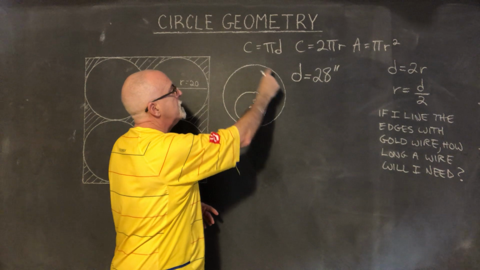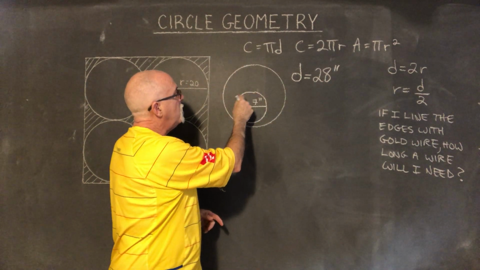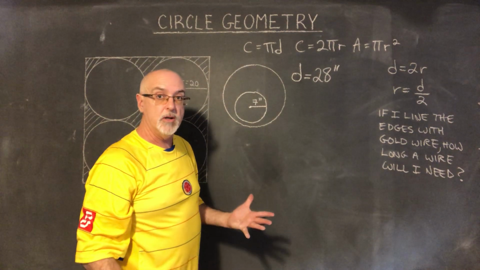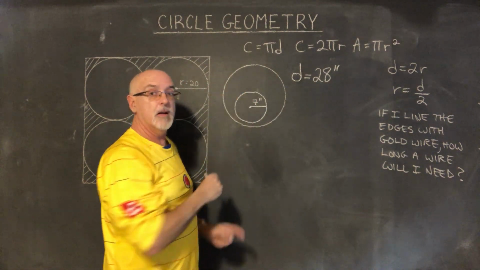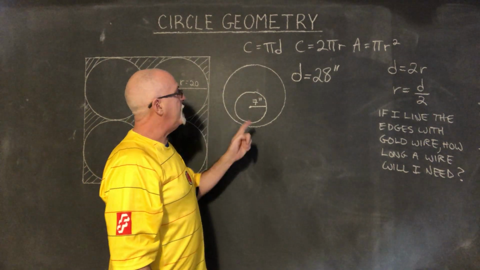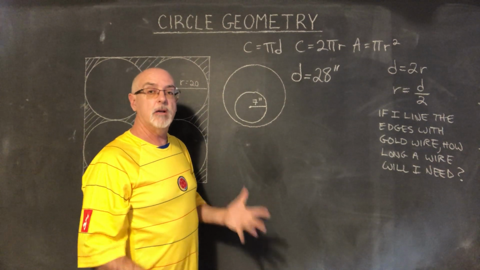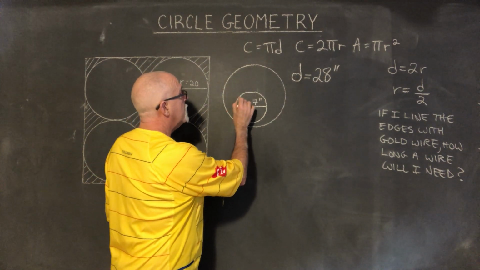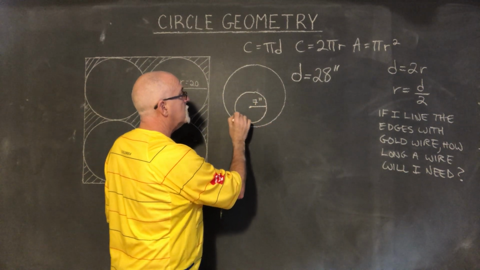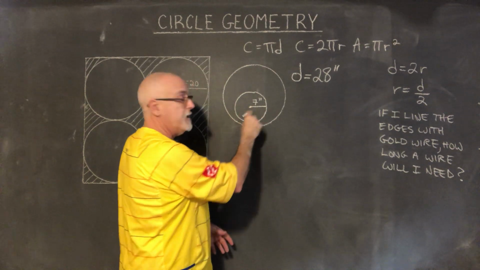We're imagining this is a piece of wood with the 28-inch diameter. And then I have cut a hole out of it, which is also a circle. So the 28-inch circle of wood has a hole, also a circle, cut out of it. And that hole has a 7-inch radius. I'm lining all of the edges with wire, which means I'm putting wire all the way around the edge of this little circle, because that's where there's an edge to the wood, because there's no wood in there.